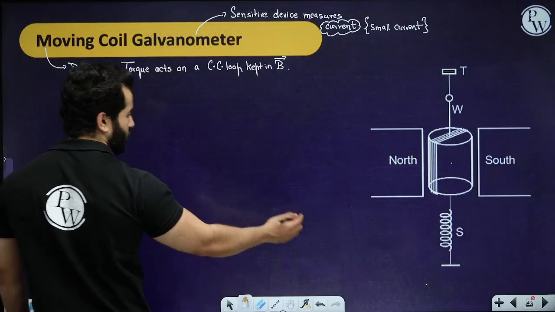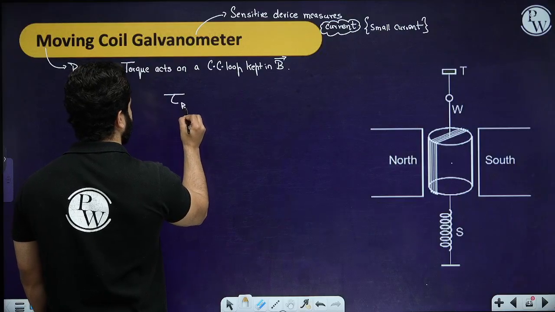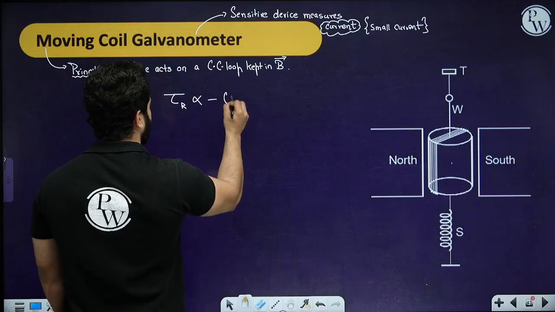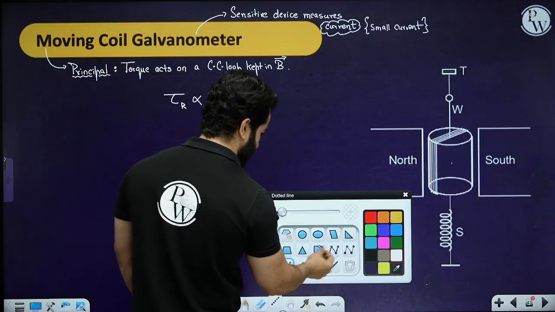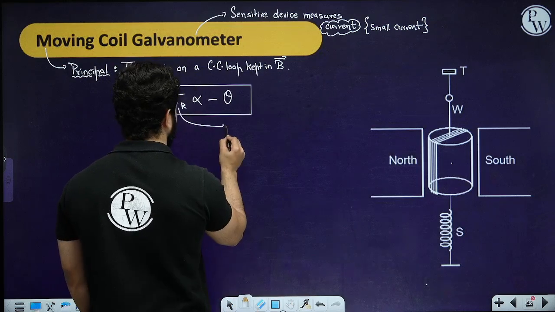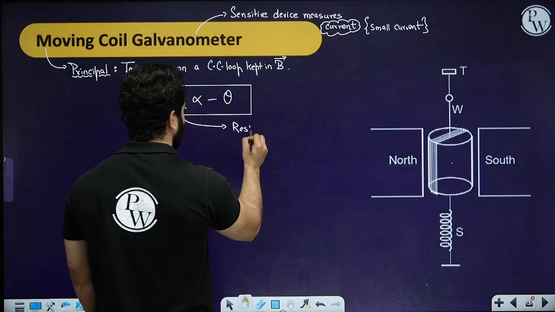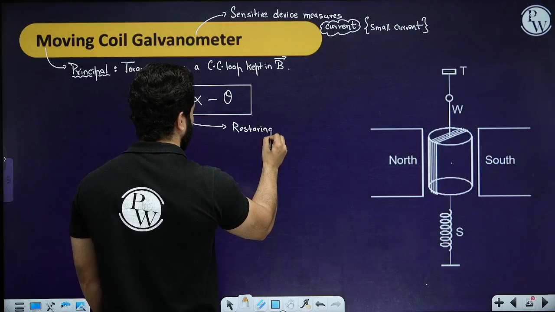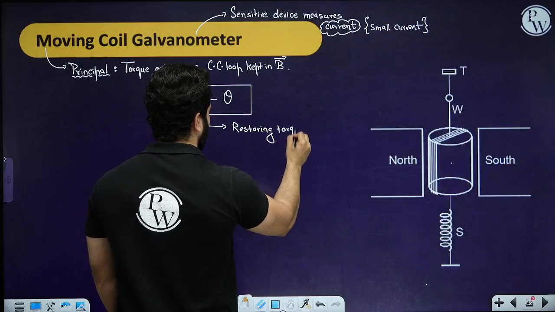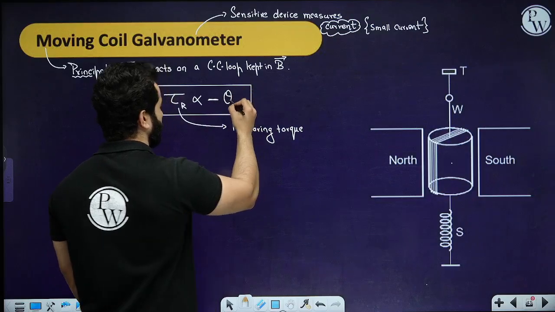As it is going to move, there will be a torsional strain developed, which we call restoring torque. Because of the torsional strain, there is a restoring torque, and this will act in the opposite direction to the rotation.